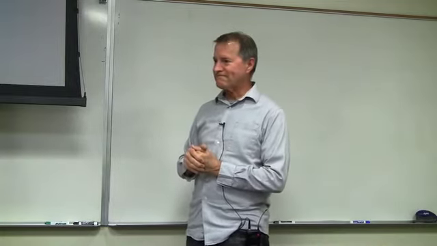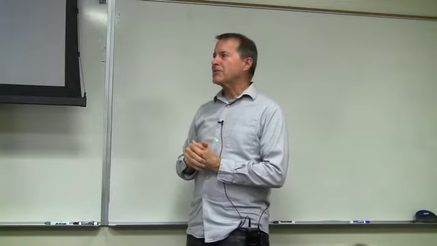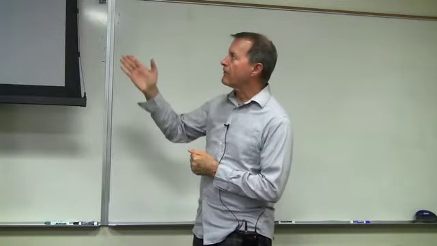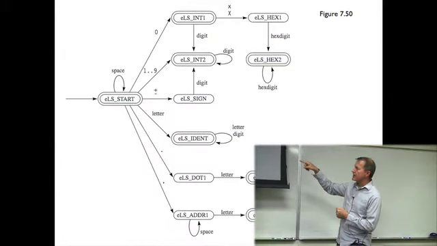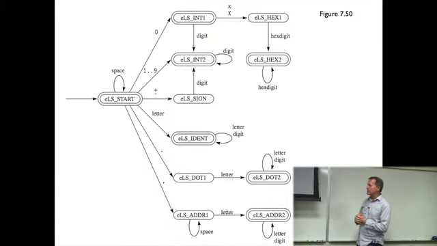To follow this, are we pretty good? Oh, actually, that's a good question. On figure 7.50, this is the diagram of the finite state machine that you are implementing for your first milestone. I will tell you that none of this Java code will be on the exam.